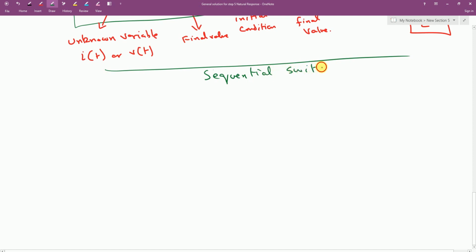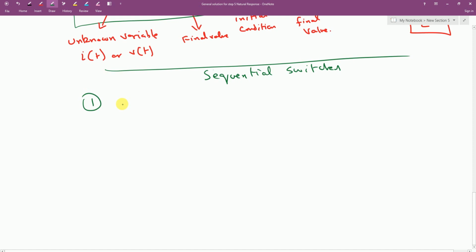So next we want to discuss the concept of sequential switching. We may have a circuit where we have one switch which is operating after fixed intervals of time. Sequential switching is a kind of switching where the switching happens more than once. It has two types.